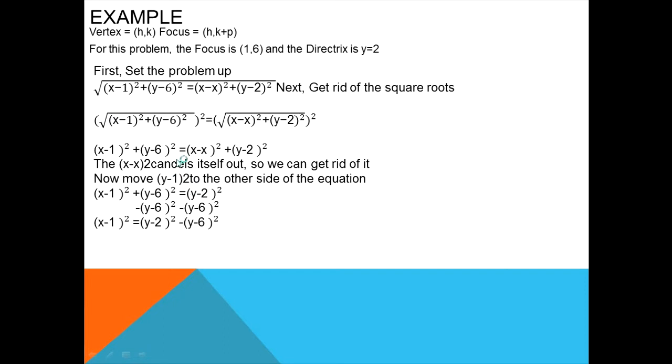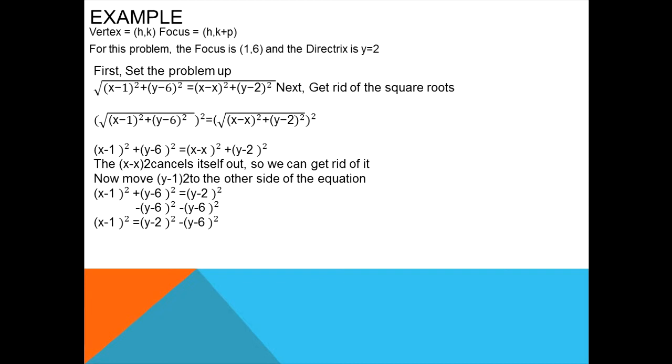I forgot last time, so we got rid of the square roots, and now we have (x minus 1) squared plus (y minus 6) squared equals (x minus x) squared plus (y minus 2) squared. The x minus x on the second part of the equation cancels itself out, so you can get rid of it. Now move (y minus 6) squared to the other side of the equation.